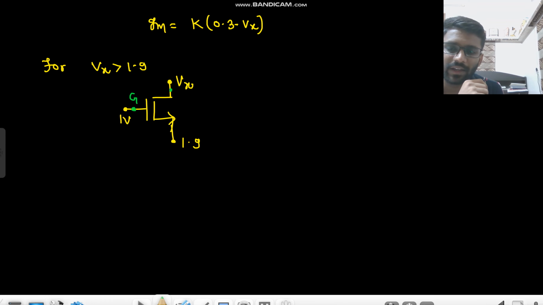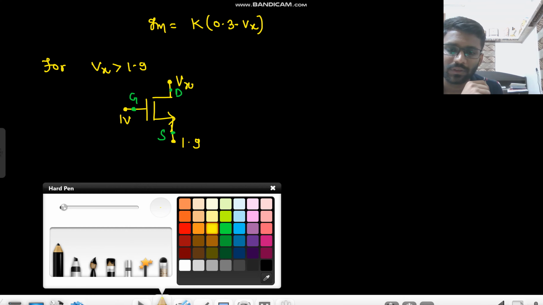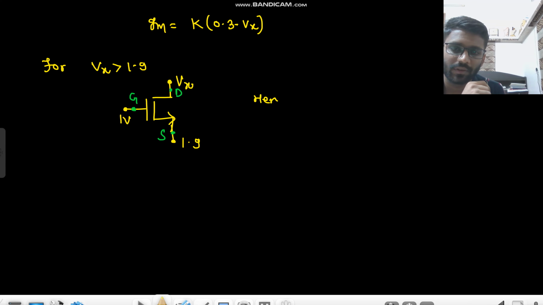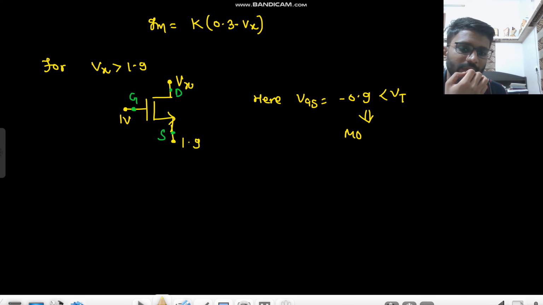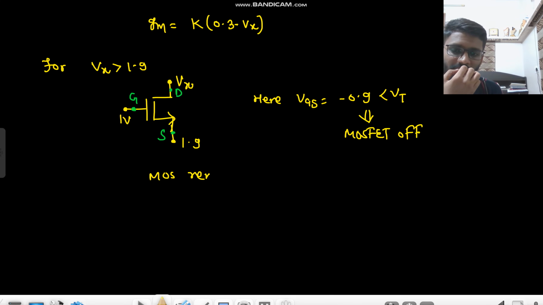Now this will become drain, and this will be source. Here your VGS is minus 0.9, that is less than VT. That means MOSFET is off. So MOS remains off.